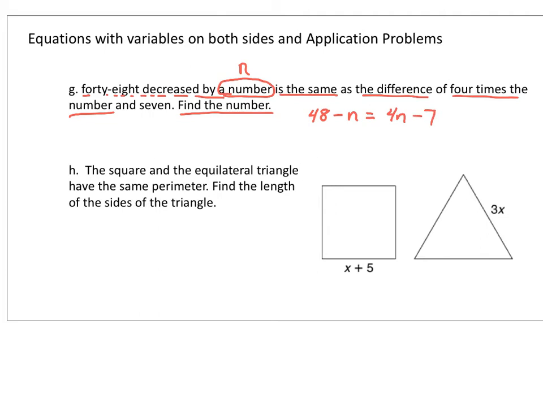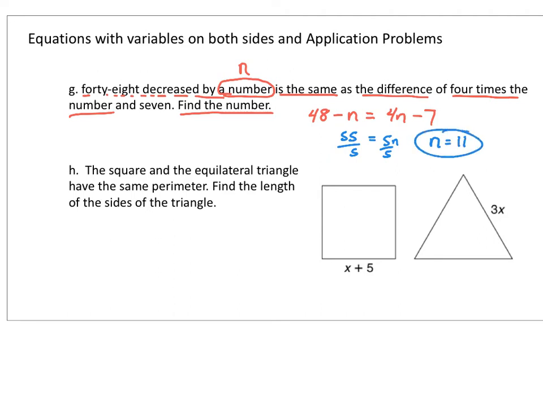And there's our equation. So solve that equation really quick. I'll give you a minute. I'm going to add n to both sides, and then I'm going to add 7 to both sides. So I'm going to get 5n. 7 plus 48 is 55. And divide by 5 to get n equals 11.